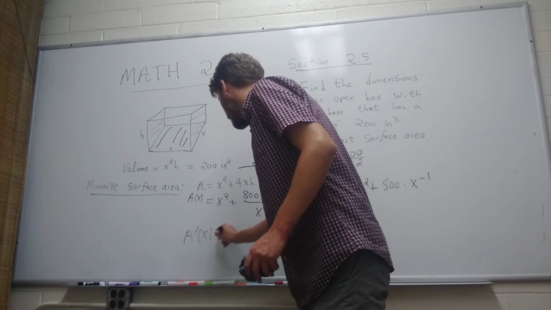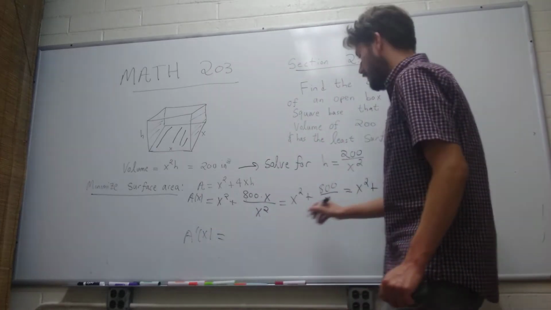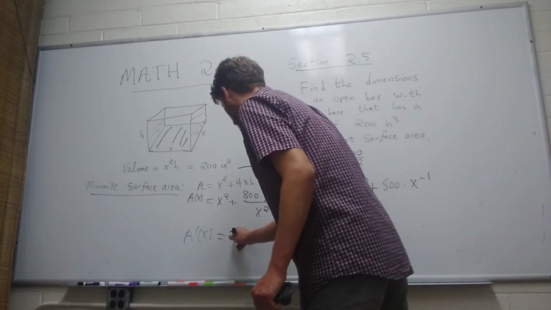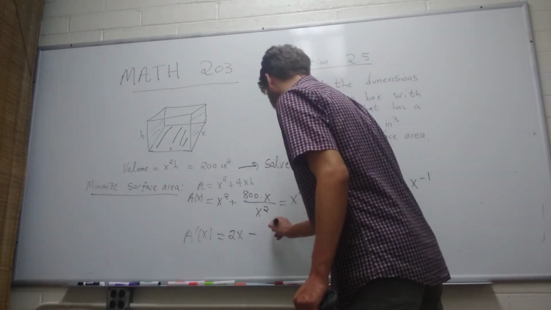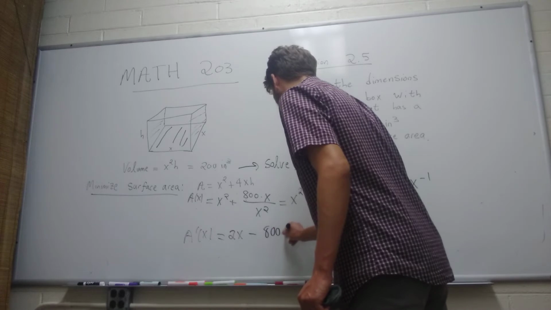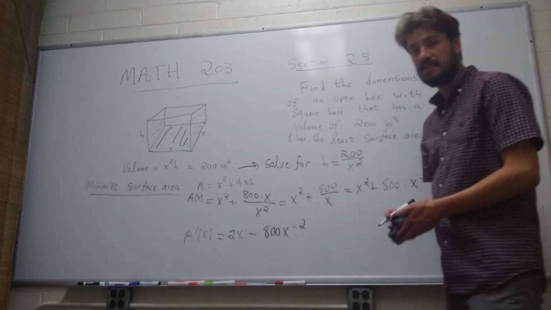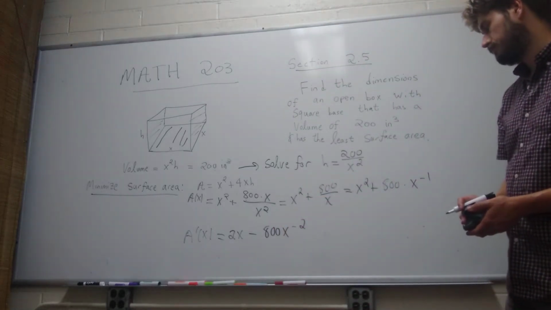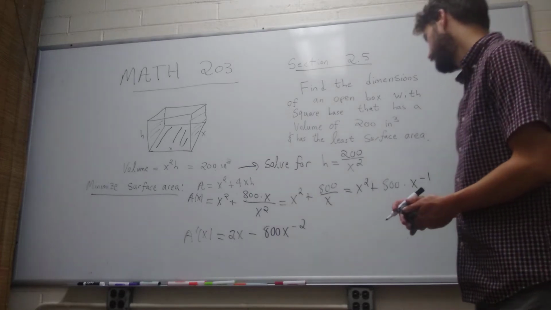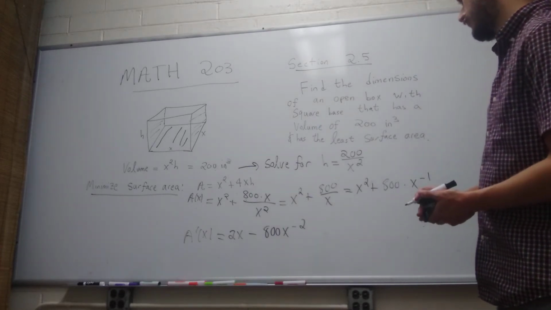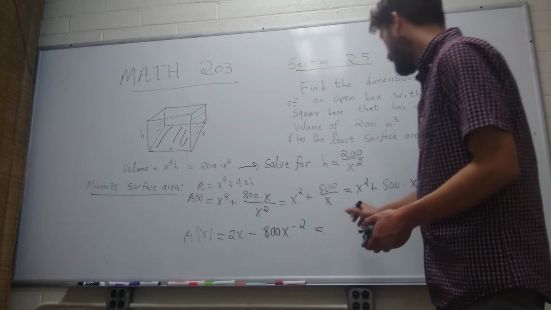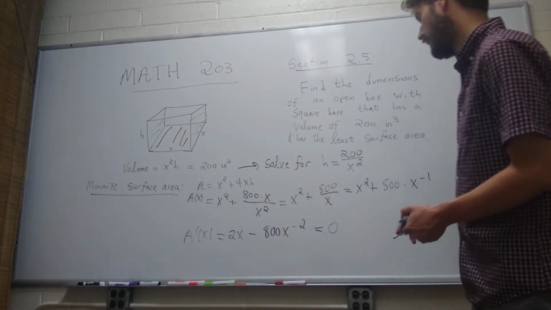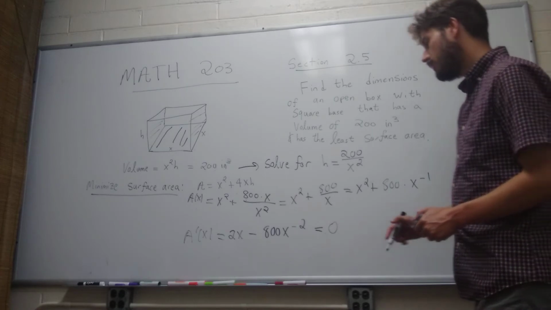It is 2x minus 800 times x to the negative 2. So we're going to set this equal to 0.